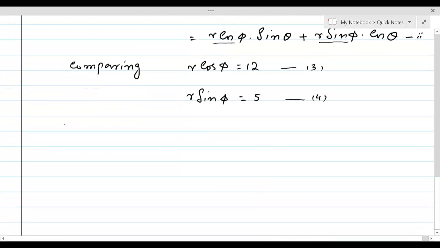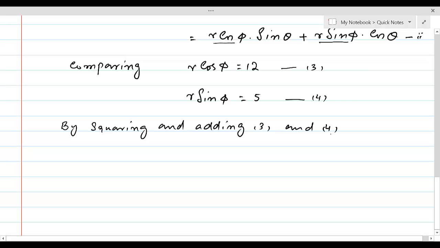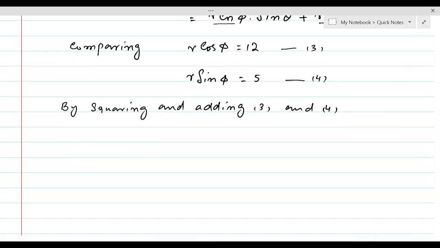From 3 and 4, we will do squaring and adding. This way phi will get eliminated and we will get the value for r.